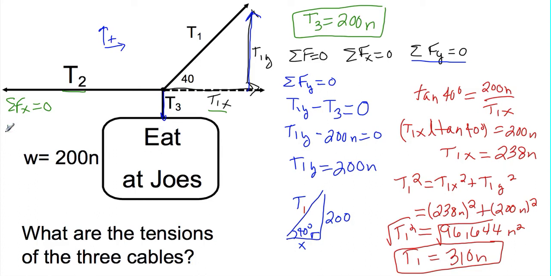So I end up with negative T2, because we said that's negative when you go to the left, plus T1x, which should be 238, is equal to 0. So then I end up with 238 newtons is equal to T2.